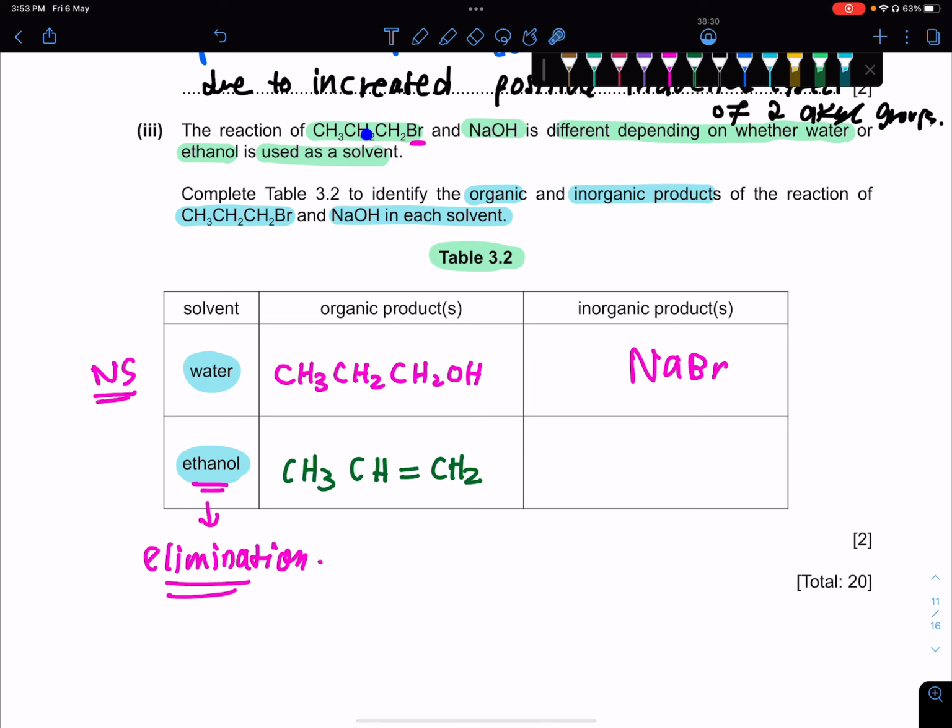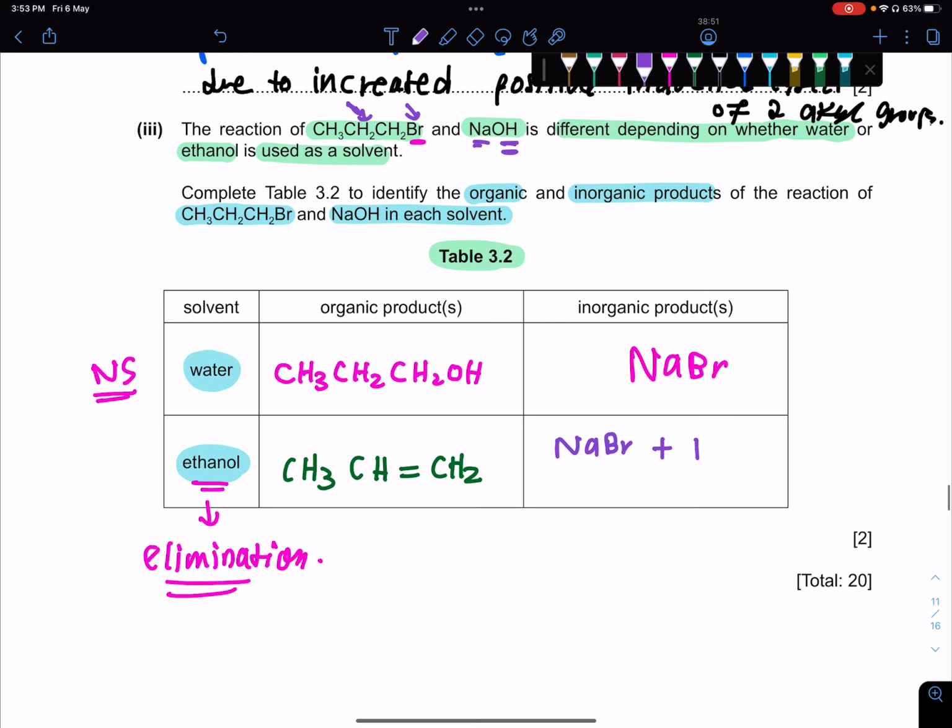It's hydrogen from this and Br from this, right? Br will react with Na to form NaBr as it was formed before too. Now the OH will react with the hydrogen eliminated from here, forming water. So you've got to know how, this is 2 marks.